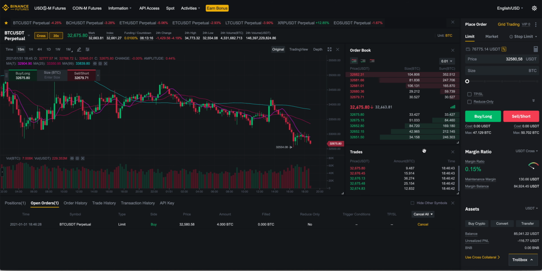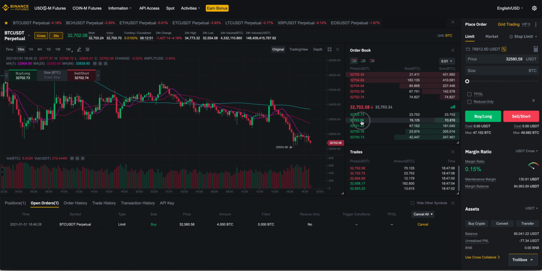But 5 Bitcoin are much more than my balance. If this were filled, I'm really using leverage, because I'm using more than my account: 5 Bitcoin are more than 150k, but I have only 85k.